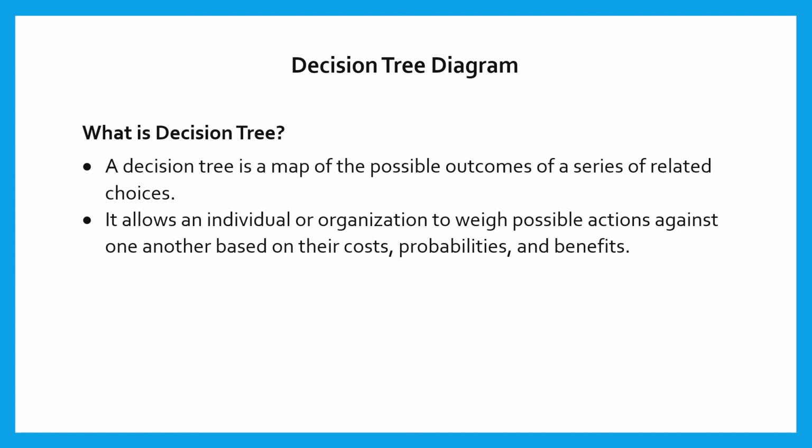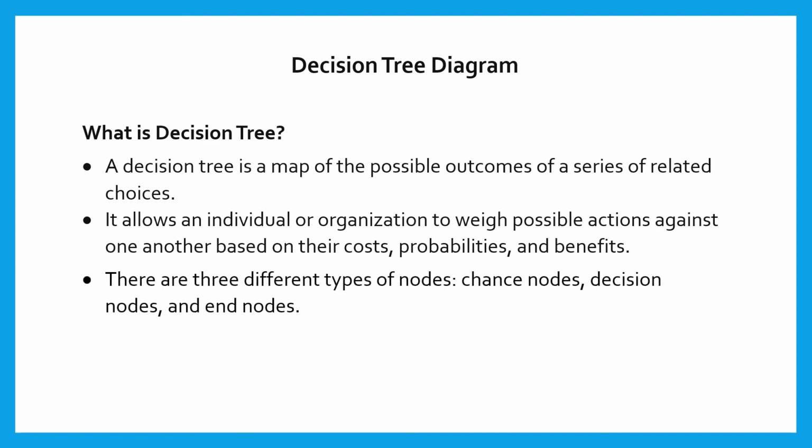Each of these outcomes leads to additional nodes which branch off into other possibilities. This gives it a tree-like shape. There are three different types of nodes: chance node, decision node, and end node. A chance node, represented by a circle, shows the probabilities of certain results. A decision node, represented by a square, shows a decision to be made, and an end node shows the final outcome of the decision path.